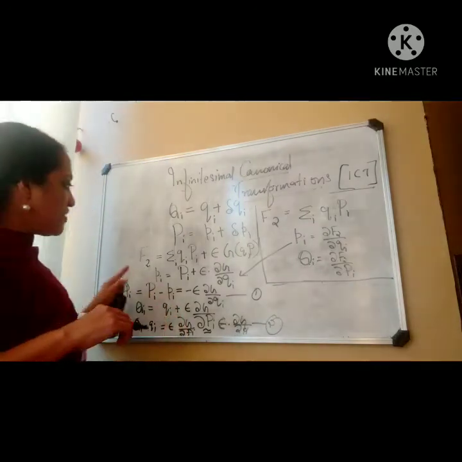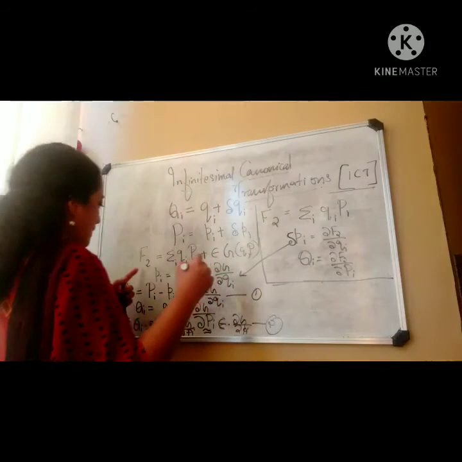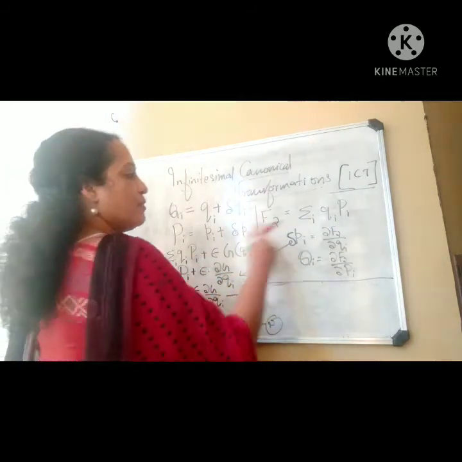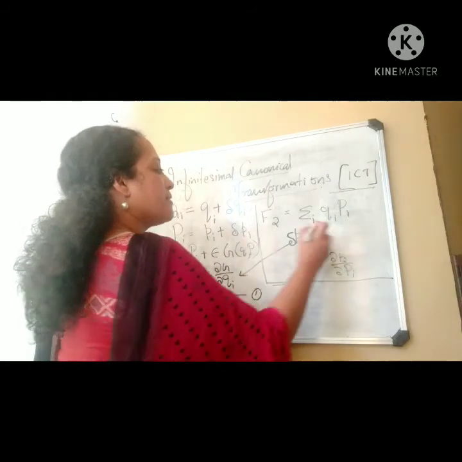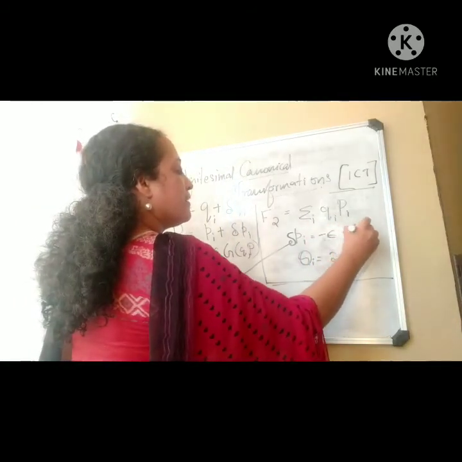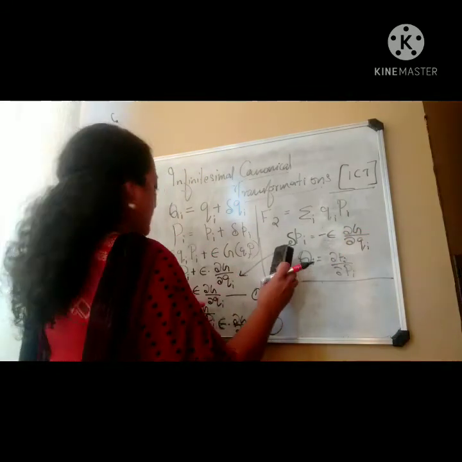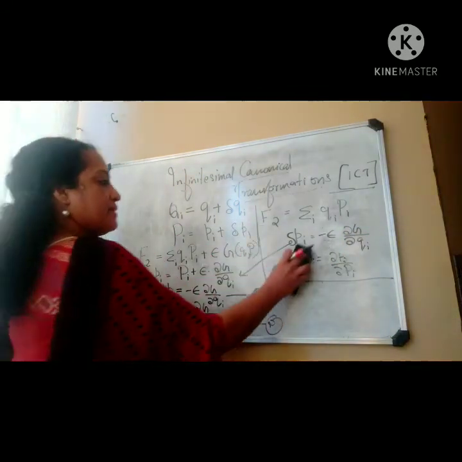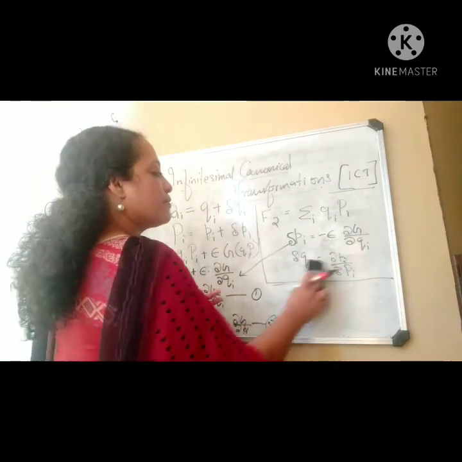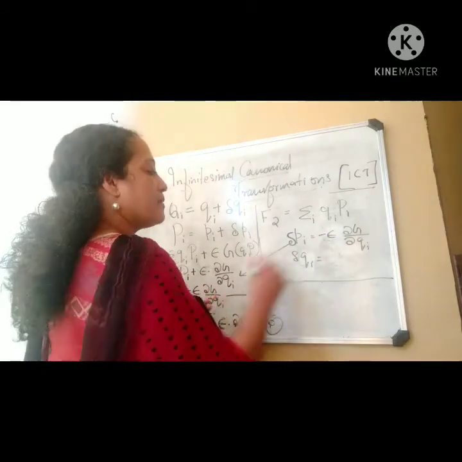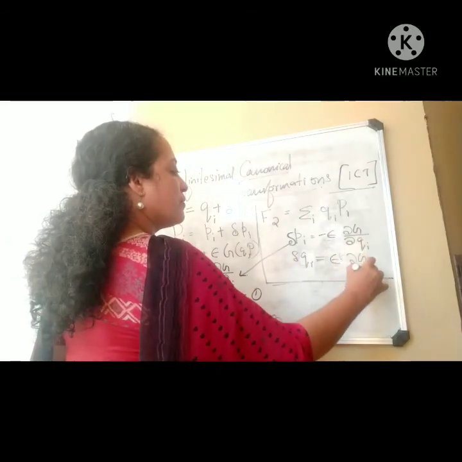So the ICT transformation equations are delta pi is equal to minus epsilon into dou G by dou qi, and delta qi is equal to epsilon into dou G by dou pi.